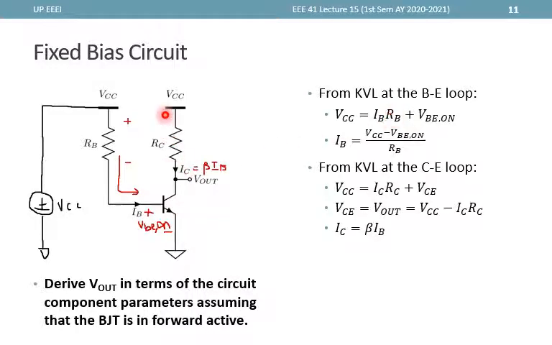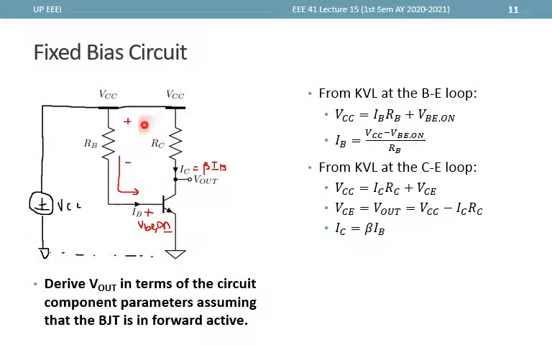Now, at the output side, we can set up a KVL equation at the CE loop. So this CE loop is through the collector and emitter, and since these are both, let's just say, some supply voltage, they can be imagined to be shorted, and our KVL would pass through this loop.